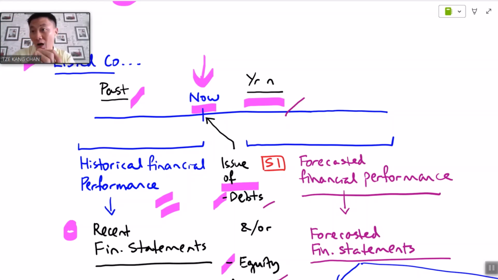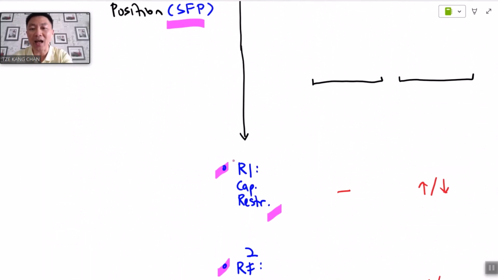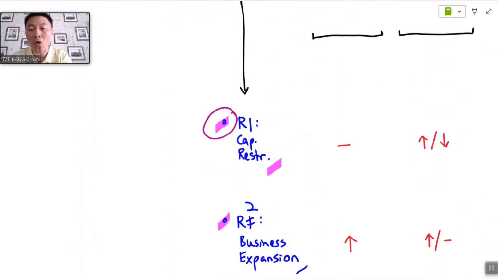This part of the job requires fundamental accounting knowledge that you would have learned in financial reporting subjects. What you have to do is just make use of two sources of information, namely the recent financial statements together with additional information regarding the amount to be raised from debt or equity and the details regarding either R1 or R2.